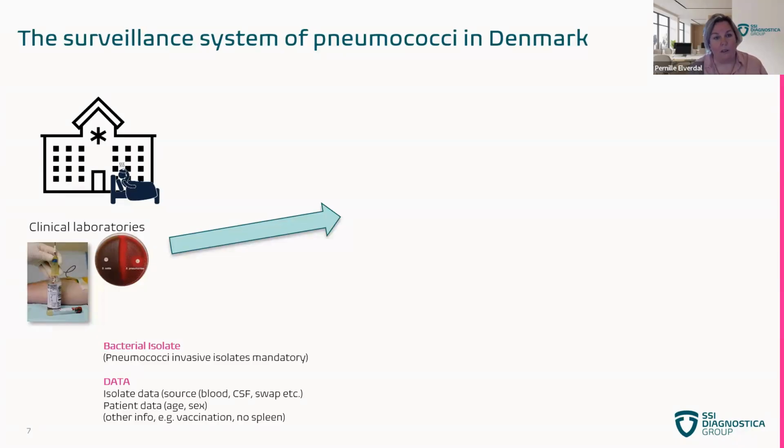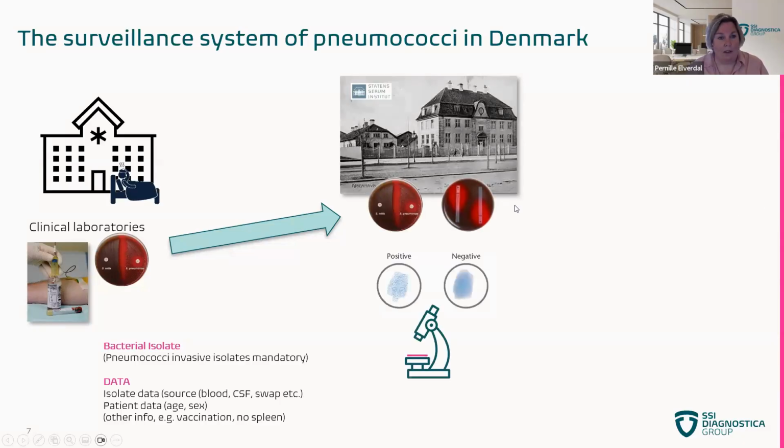For pneumococcus invasive isolates, it's mandatory to send it to the National Reference Laboratory. They will also share data on which source the isolate is coming from, the patient information on dates, age, and sex, but also if they have been vaccinated or have had the spleen removed. That's important information for the surveillance industry to know.